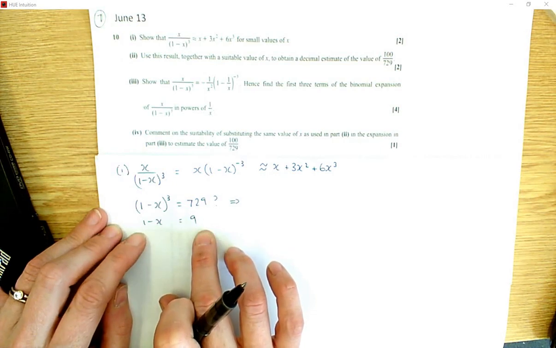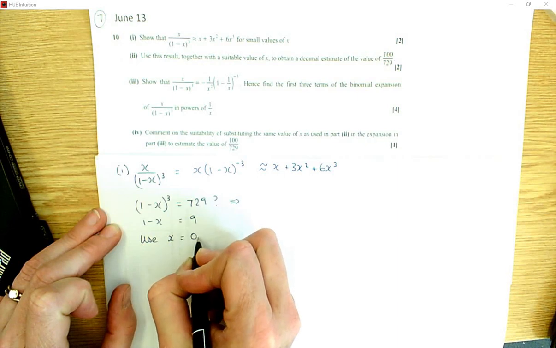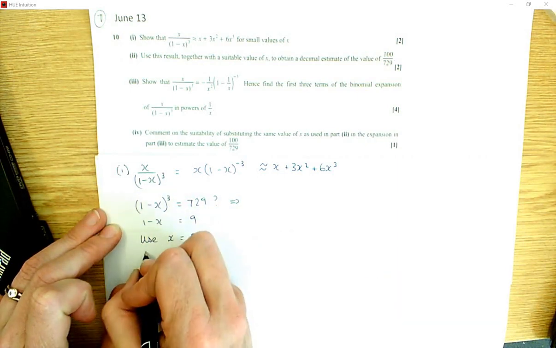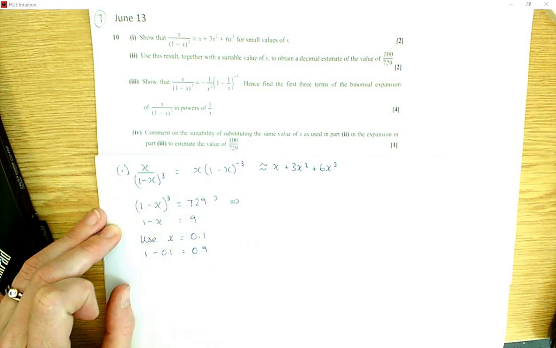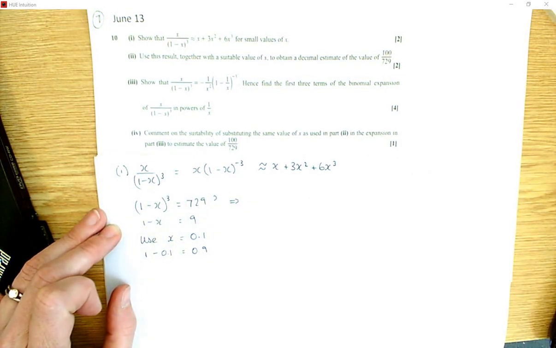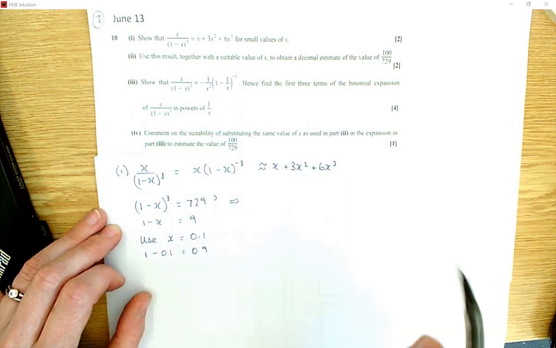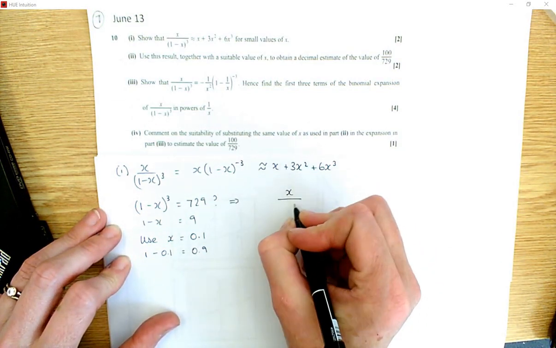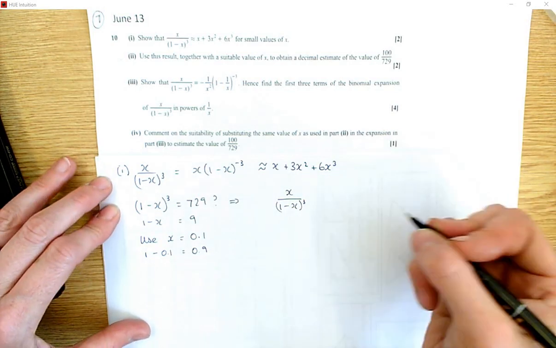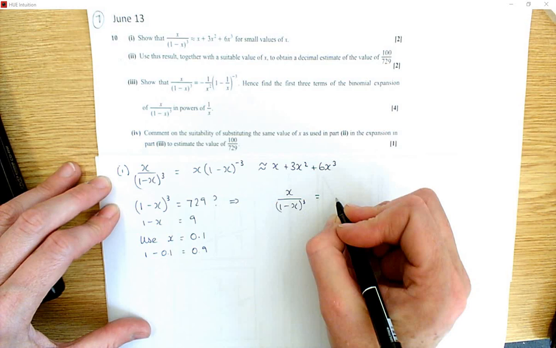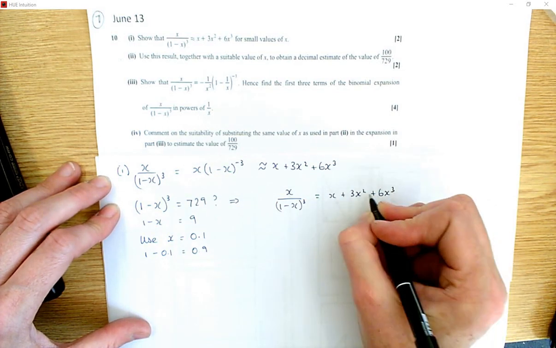So if we use x is 0.1, then 1 minus 0.1 is equal to 0.9. Let's see if that's going to work with the rest of the fraction. So x over (1 minus x) cubed is equal to our x plus 3x squared plus 6x cubed.